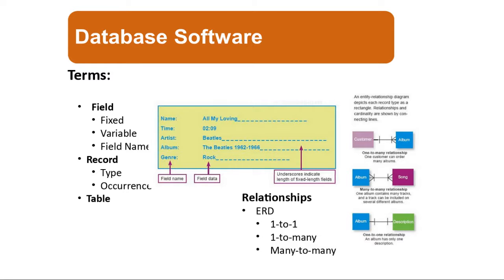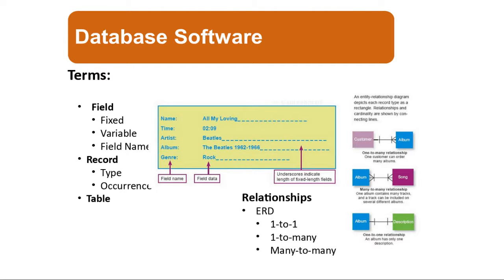So fixed length means every record's going to have the same amount of space reserved for that field, whether it's used or not. Whereas in a variable length field, it's going to take only what it needs. And if you don't enter any data, it won't reserve any space. Again, every field has to have a name, and that name has to be unique.